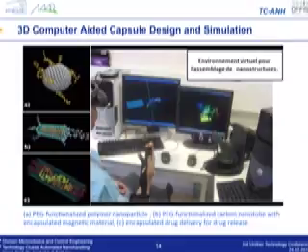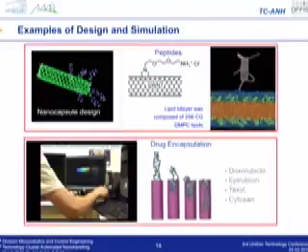For that, quite some simulations have been going on. For example, here, a single-walled carbon nanotube, which is functionalized with peptides, and then the interaction of the carbon nanotube with biological tissue, for example. The results have been quite promising, but we still have quite a way to go.